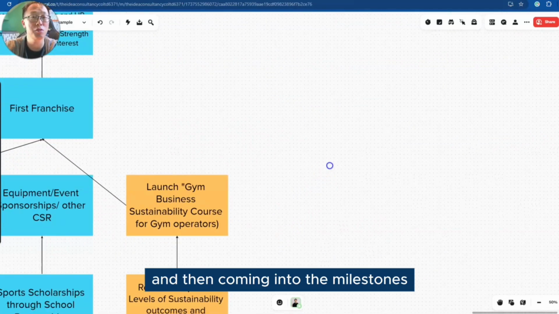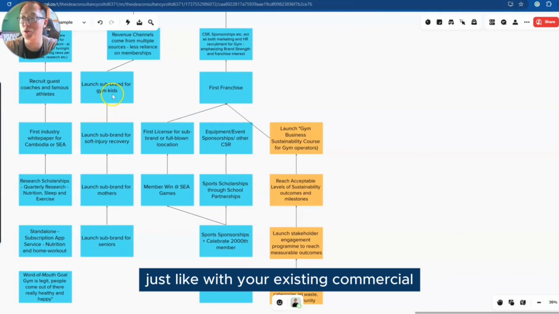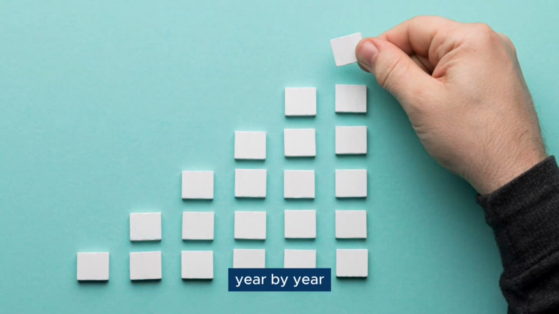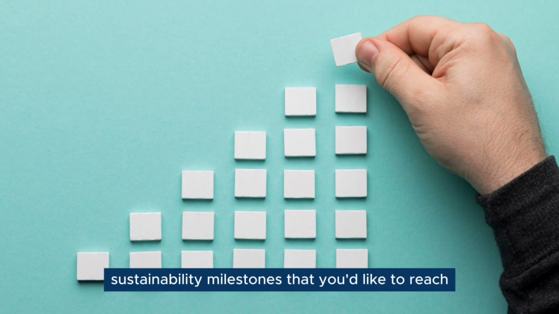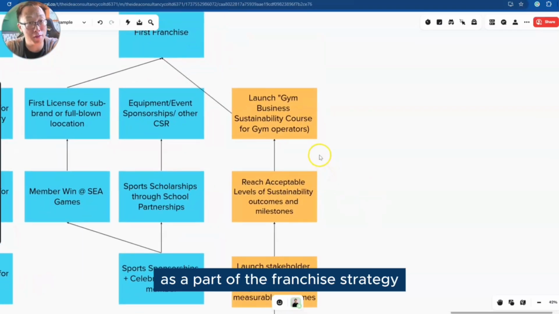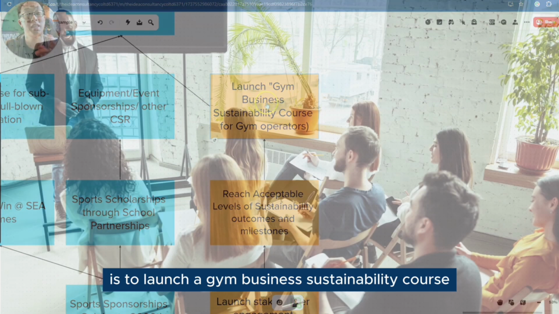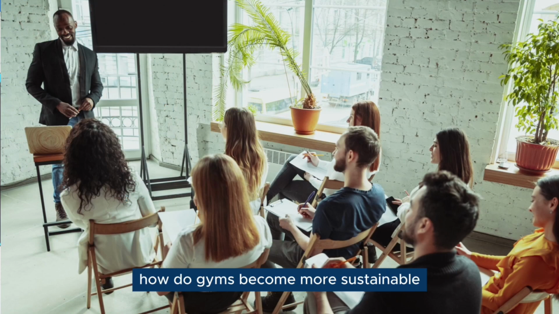And then coming into the milestones, this is just like with your existing commercial milestones that you might have year by year, you would have sustainability milestones that you'd like to reach. So for example, as a part of the franchise strategy, you might launch a gym business sustainability course. So how do gyms become more sustainable? Have a whole course ready for that.